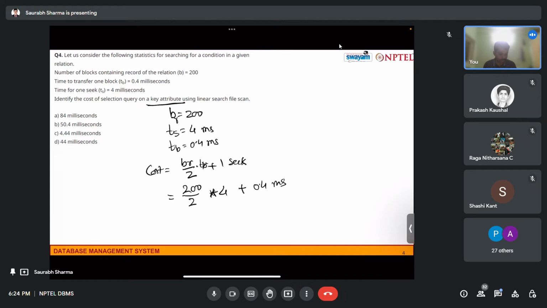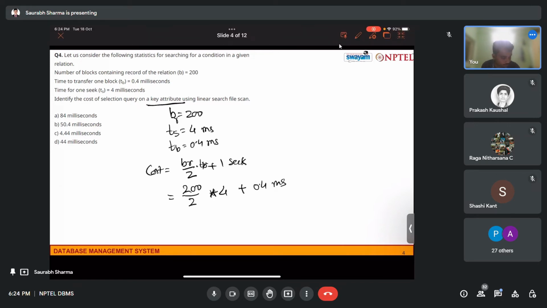Sorry, I think I have written it wrongly. 200 by 2 multiplied by 0.4 plus the seek time TS, that is 4. Now what will be the answer? 100 times 0.4 is 40 plus 4, that is 44. Okay, answer is D. Is there any doubt? That is the simplest one.